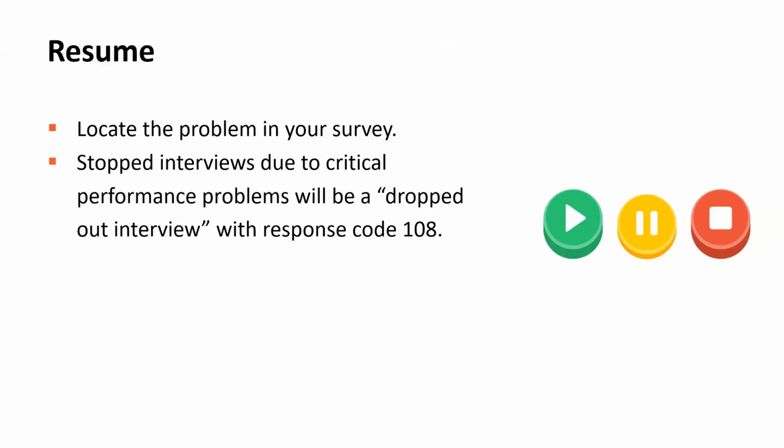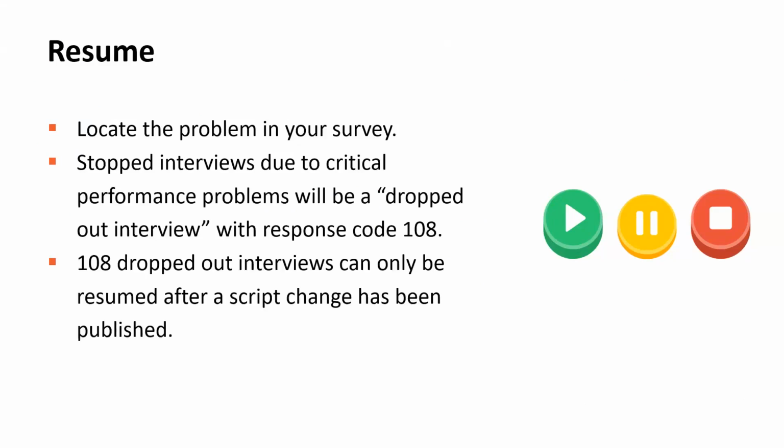Stopped interviews due to critical performance problems will be a dropped out interview at response code 108. We saw that. 108 dropped out interviews can only be resumed after a script change has been published. Until that point, every 108 that is resumed will immediately be routed to the message that there is still a problem in this survey.